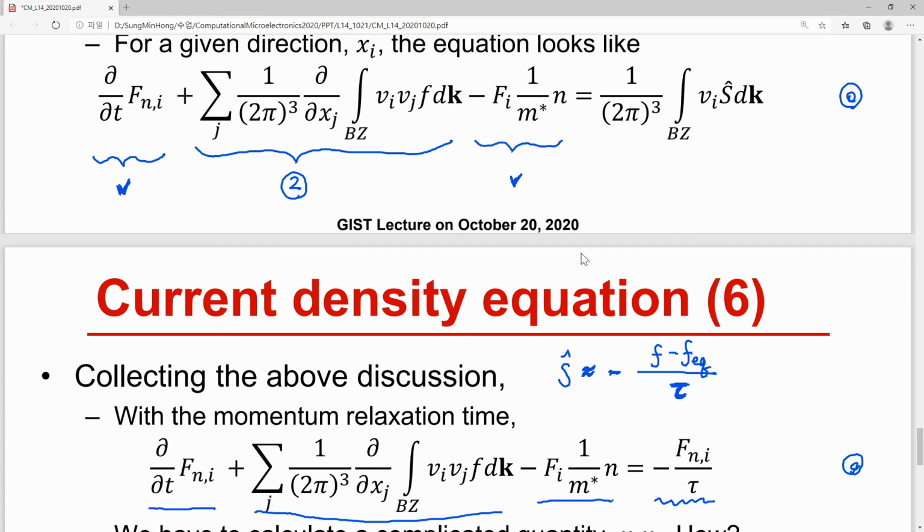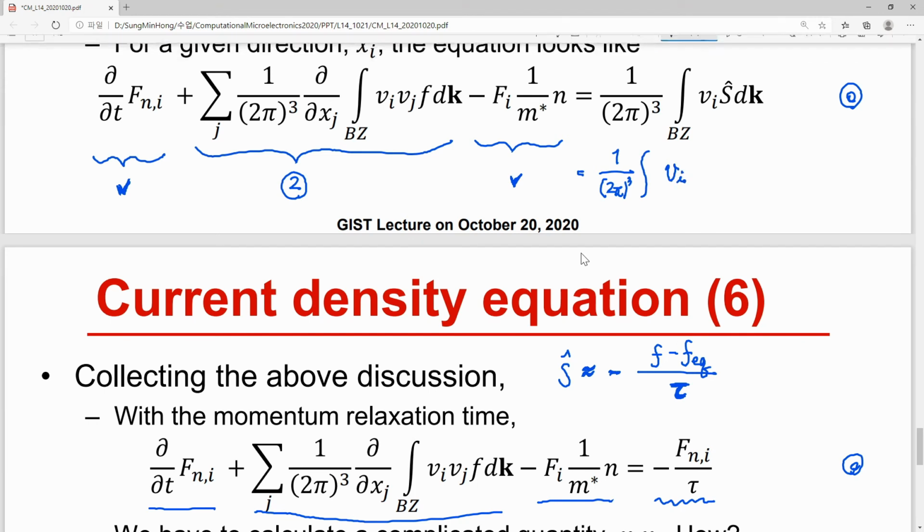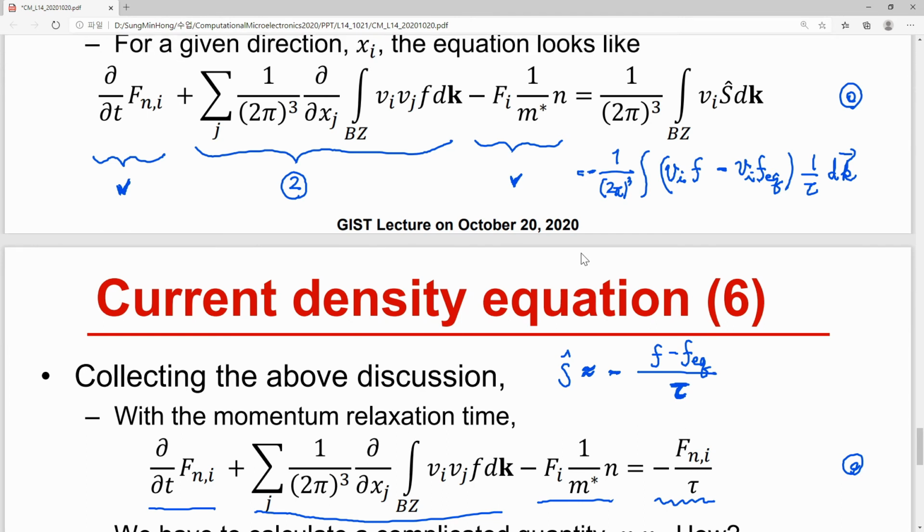If we insert this term, we get 1 over (2π)³ and the Brillouin zone integration of v_i f minus v_i equilibrium f, divided by tau, dk. Of course, we should have a minus here. That will be the result of just insertion.